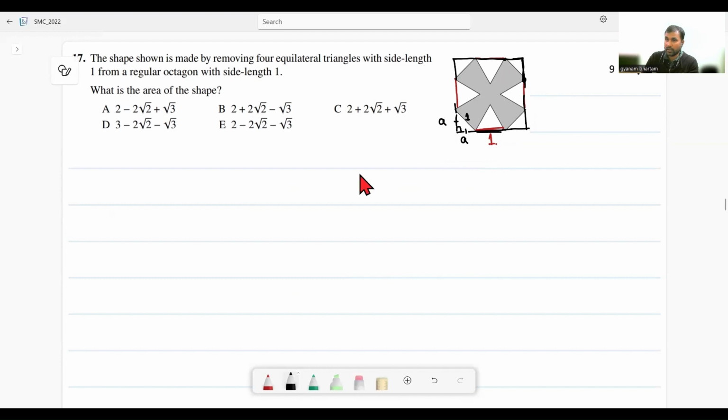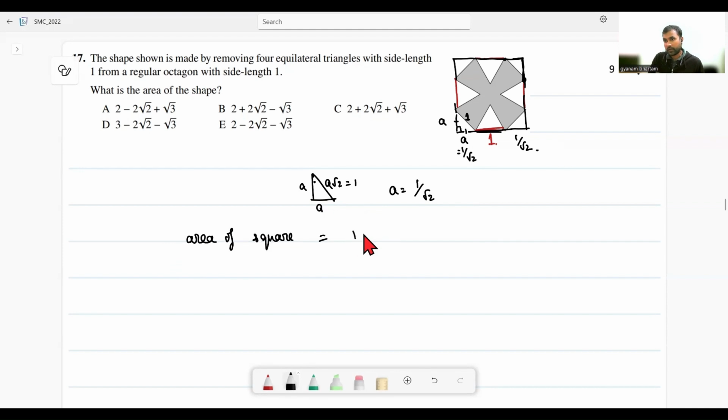This is A and A, so this is going to be A root 2. The value is 1, so A is going to be 1 over root 2. So we have the area of the square: 1 plus 2 times 1 over root 2, whole square, which is 1 plus root 2 whole square.